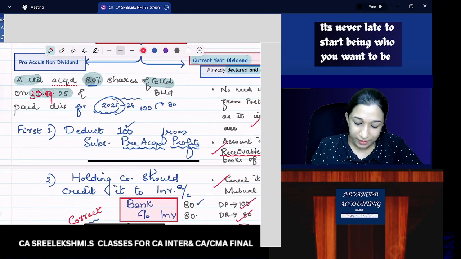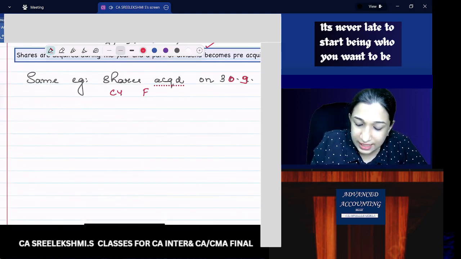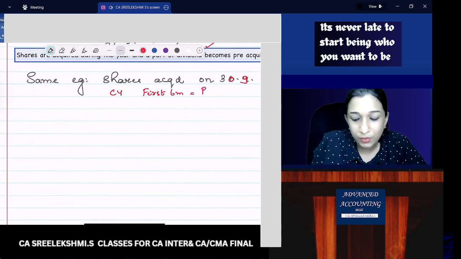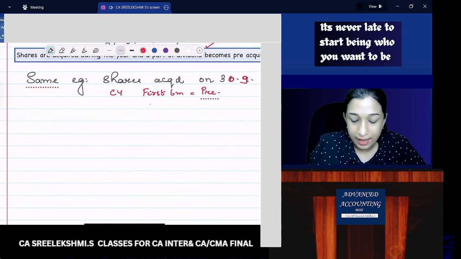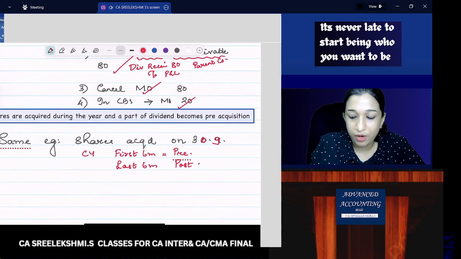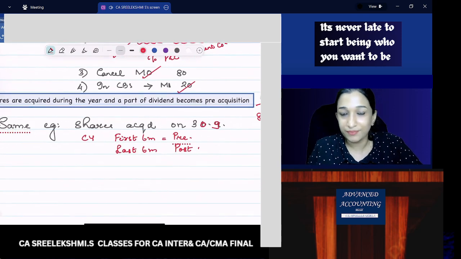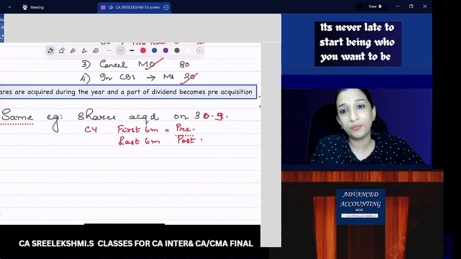Then what is to be done? The first 6 months of the current year become pre-acquisition in nature, and the last 6 months are post-acquisition in nature. But this company declared a dividend of 100 rupees, and 80% is my share. Then what is the accounting?